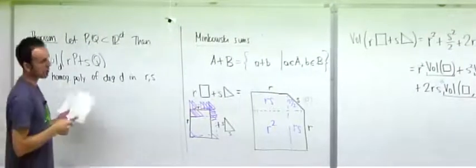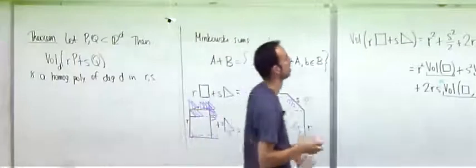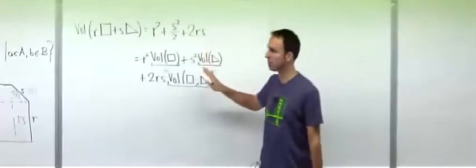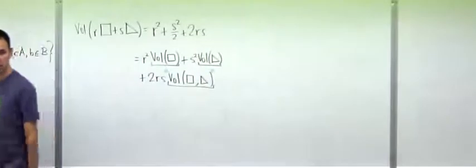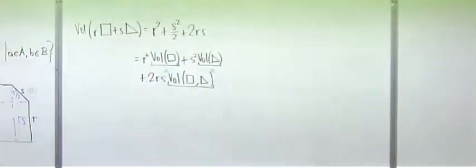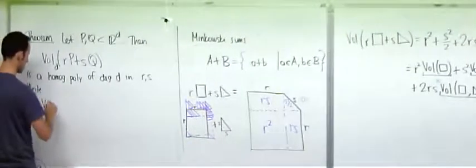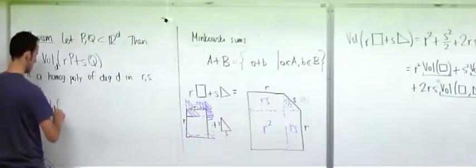So when I say homogeneous, what I mean is that this expression is not only a polynomial, but every single term has degree 2. Right? And that's what's going to happen in general, that every single term is going to have degree D. Okay? And so what we're going to do then is we're going to write this thing.